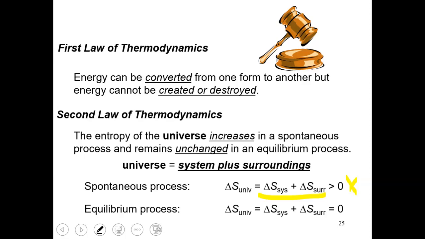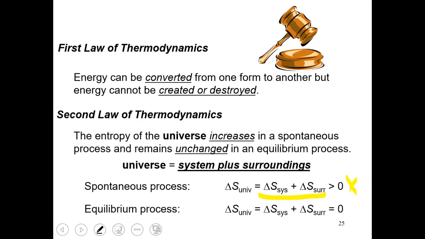If that's the case, then you're going to essentially absorb the negativity, so to speak, of the delta S of the system and still generate a process that is overall spontaneous, all right? Now, what if you have a calculation that tells you that for this particular process, delta S of the universe is negative?